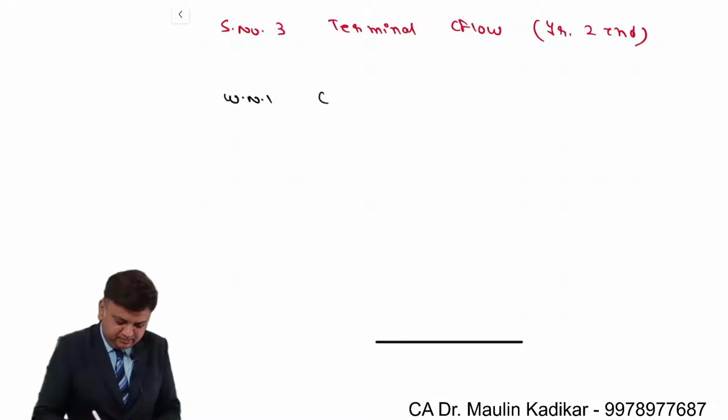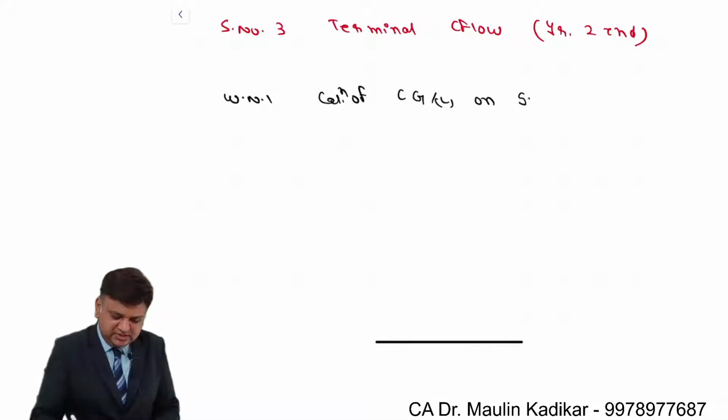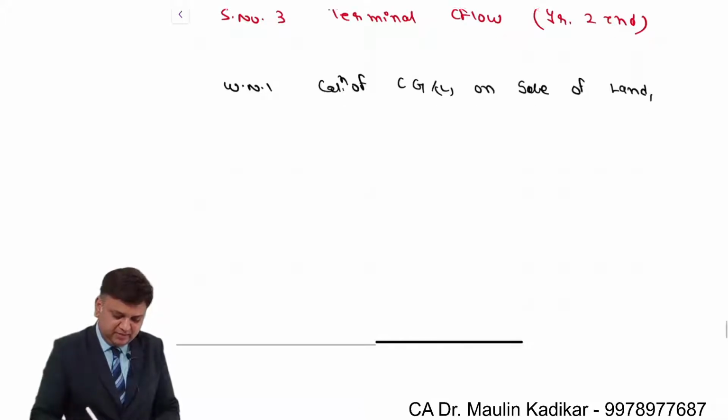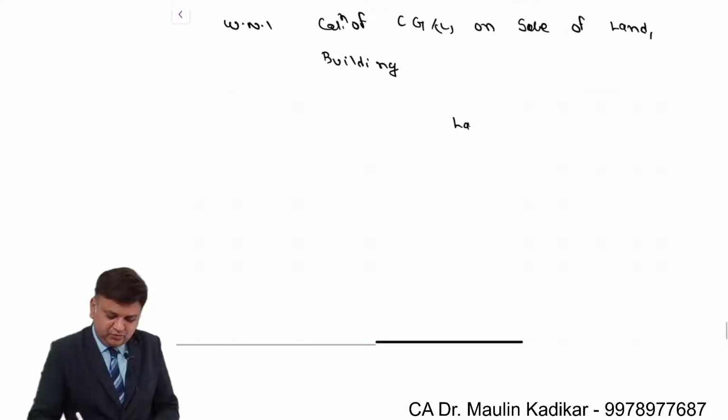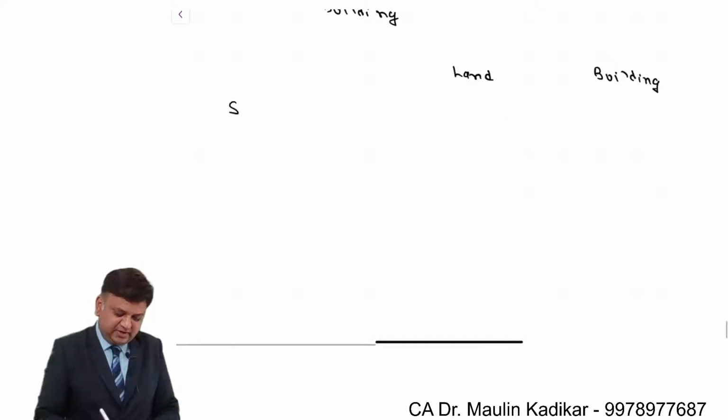Working note number 1, calculation of the capital gain or loss on sale of land, building. For land and building, we can see that we have been provided with the sale value.